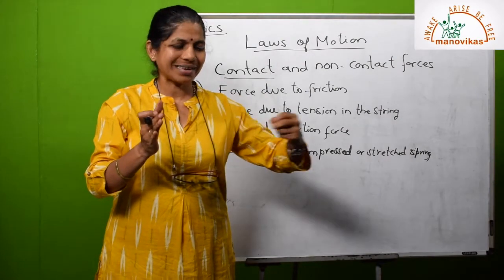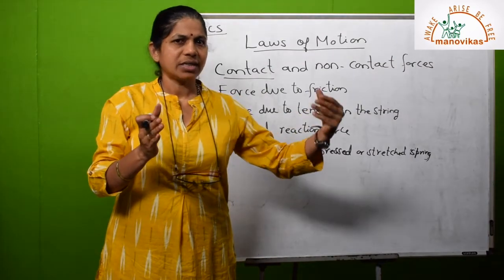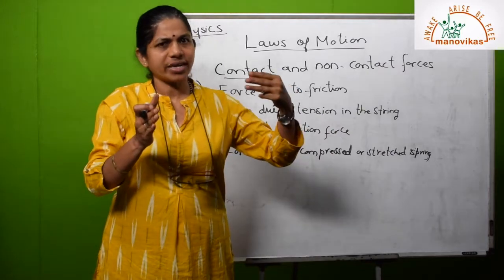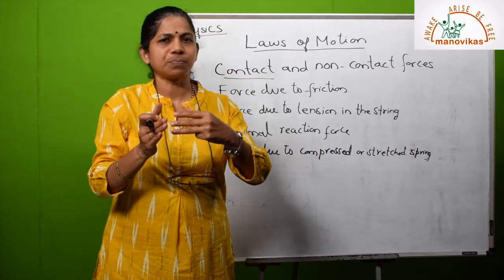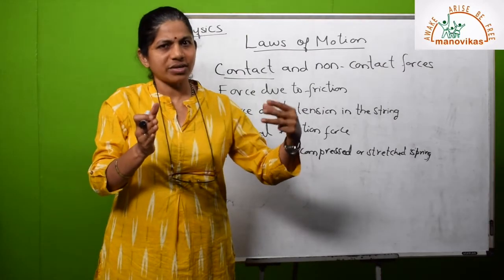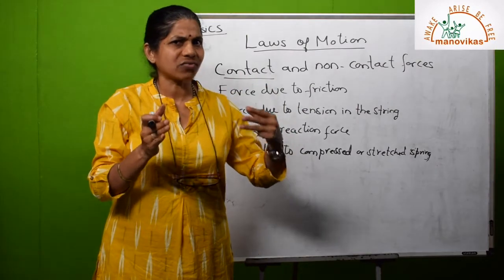The moment you stretch it, you find there will be a restoring force acting on the spring which will try to bring the spring to its normal position, right? Which is always opposite. So again, this is a type of contact force.